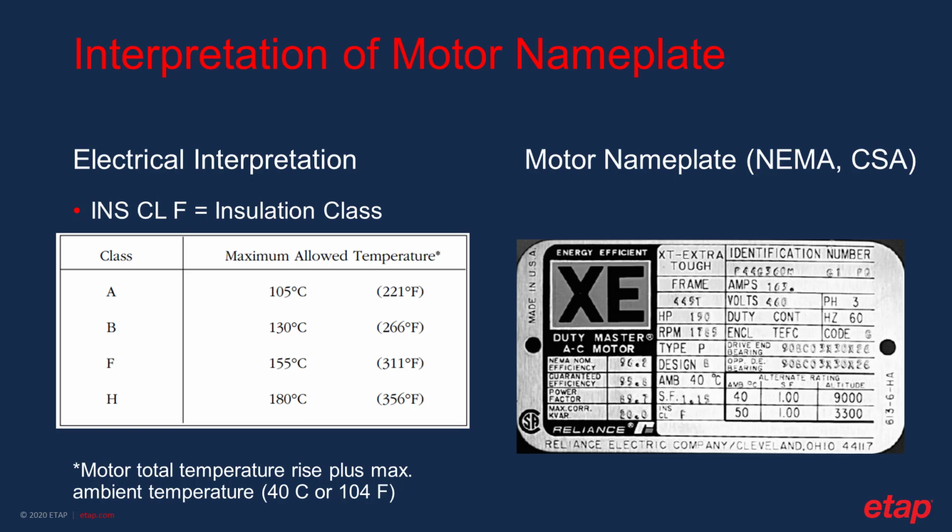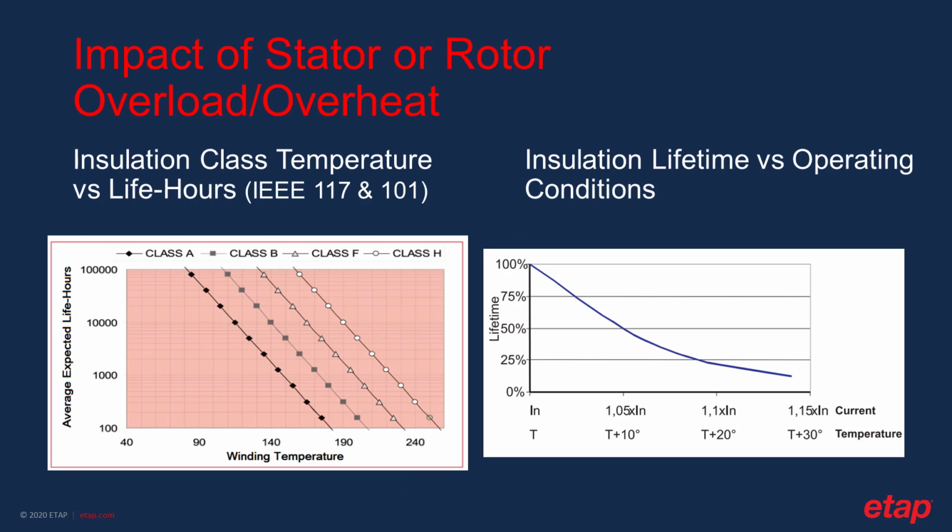If you look at the insulation lifetime versus the operating condition, a common rule of thumb which is represented by this curve is for every 5% in addition of the overload current. The IN is representing the maximum full load current that the motor can withstand based on insulation and service factor.